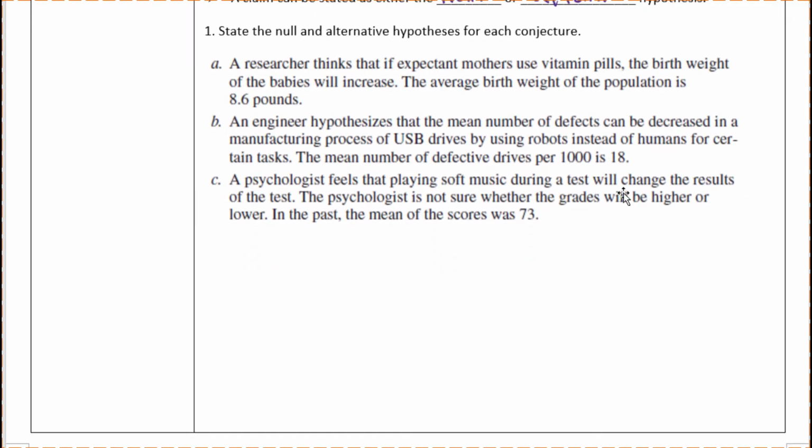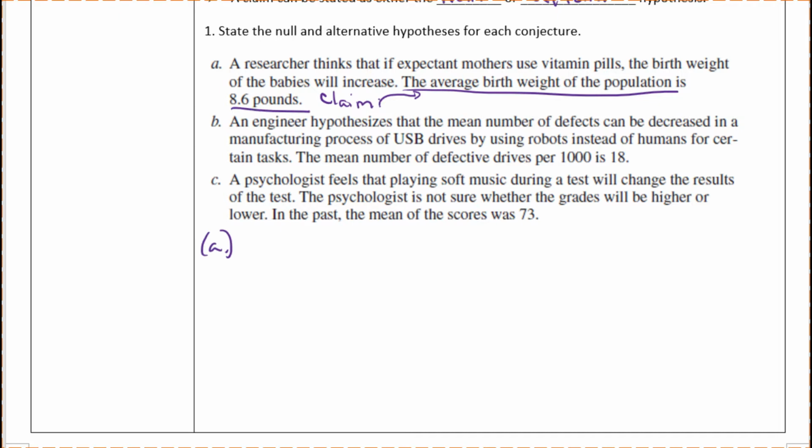So let's look at this example here. For part A, a researcher thinks that if expectant mothers use vitamin pills, the birth weight of the babies will increase. The average birth weight of the population is 8.6. So here, the claim, let's just go ahead and underline that. That's our claim right there.